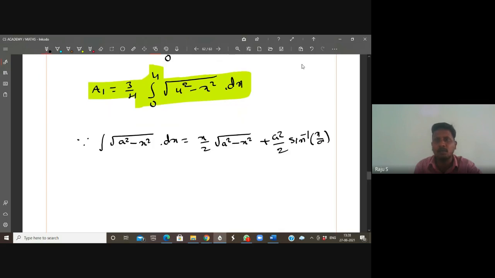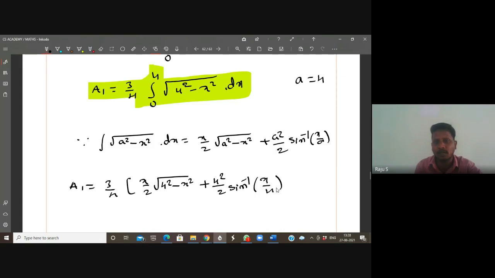So what is the a value here? 4. Right, replace here. So A1 is equal to 3 by 4 times x by 2 root over 4 square minus x square plus a square by 2, what is the a value? 4 square by 2 sine inverse x by a. A value is 4.